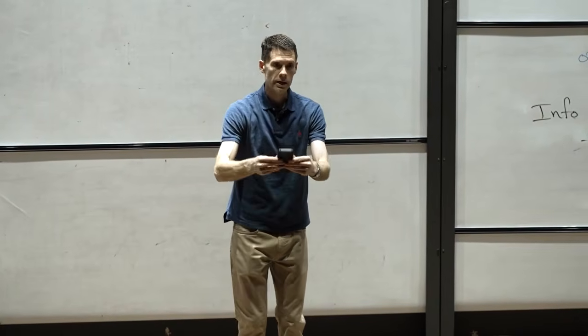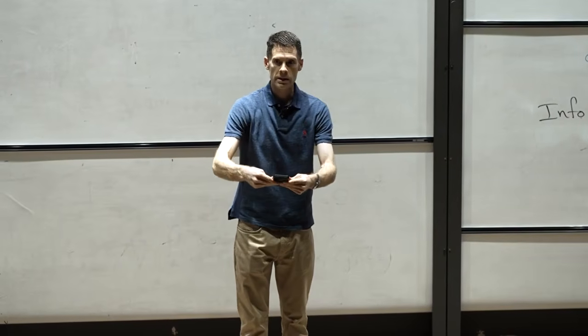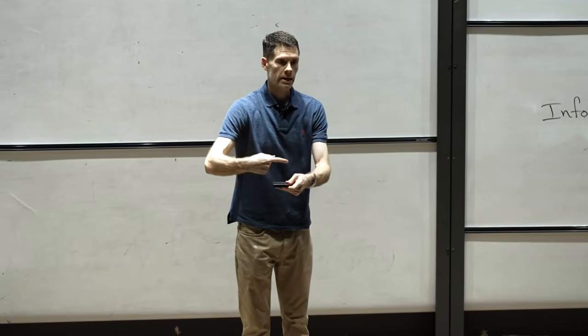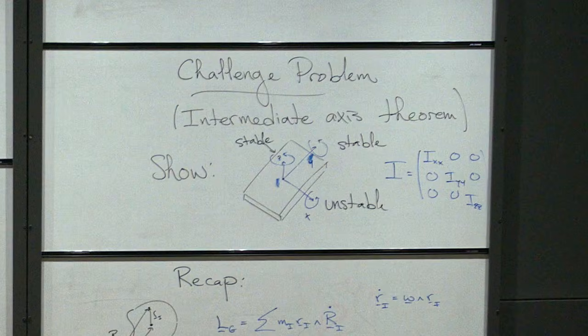If you spin it this way, about the intermediate axis, it wobbles, so that rotation is unstable. Showing that is, I'd say, non-trivial, but it is within the skill set that we've been building. It's an instability problem. It's thinking carefully about LG dot equals 0 and what that means in terms of a stability problem.